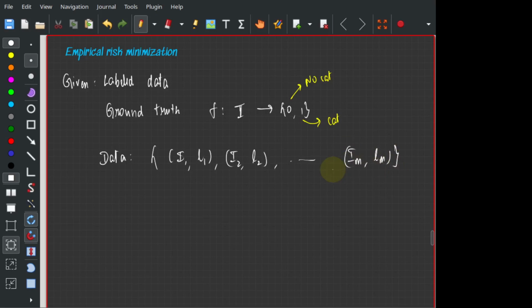Remember, our goal is to approximate this particular function. So instead of looking at the class of all possible functions, maybe I'll restrict myself to a subclass of functions, and I'll try to approximate this unknown function from my class.